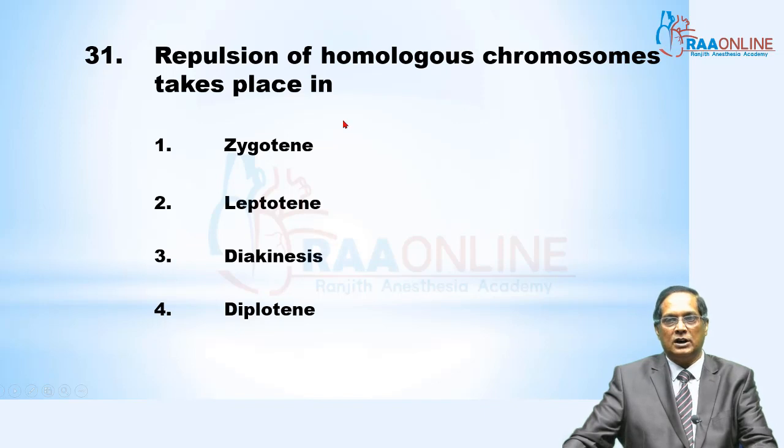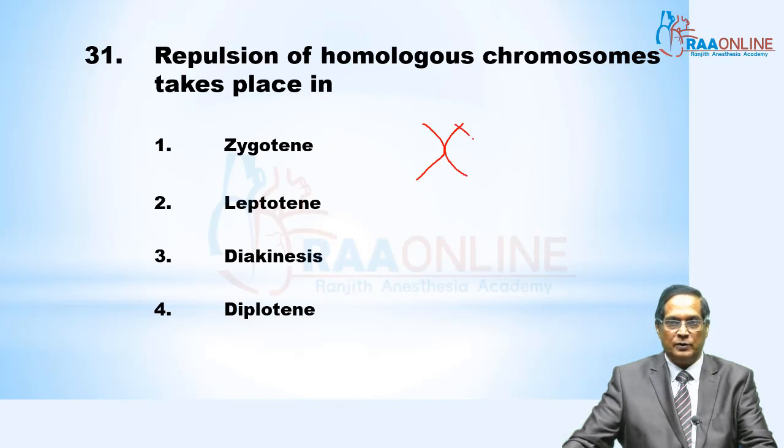Repulsion of homologous chromosomes takes place. See this one. In the pachytene stage, crossing over takes place.